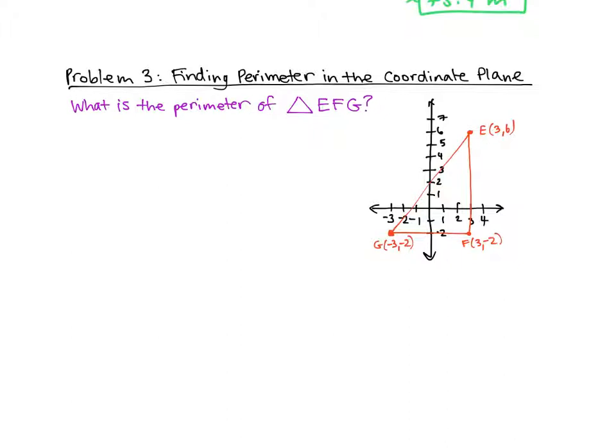This distance is the distance on a number line, which is the absolute value of the difference between the two coordinates, so 3 minus -3, which is 6. Sorry, 3 minus -3 equals 6. So this distance here is 6. We can also count: 1, 2, 3, 4, 5, 6. So this is 6.